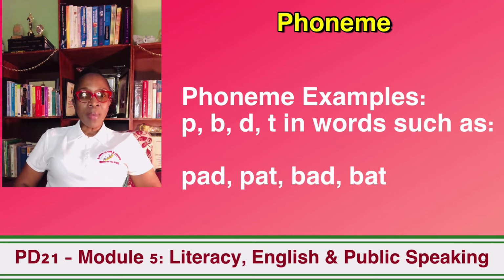So the phoneme helps you to identify the distinctive sounds. Pad, P-A-D, sounds different from the word pat, P-A-T. Bad, B-A-D, sounds different from the word bat, B-A-T, simply because there are different phonemes in each word.